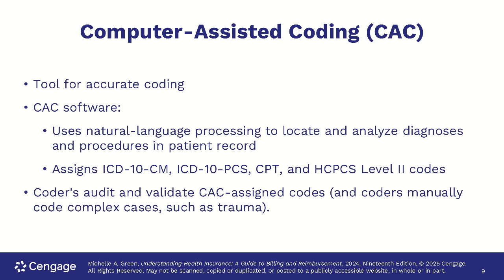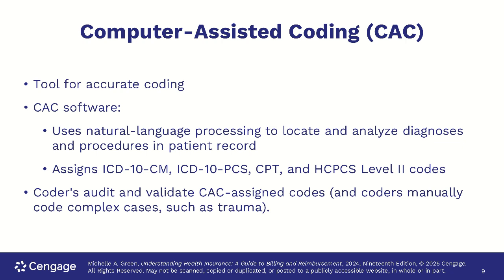The role of the coder with the use of CAC is that we audit and validate what was assigned. And so there are some manual processes that take place, such as when a patient has trauma. There are lots of trauma hospitals across the country, and so this would be an example of a manual process.